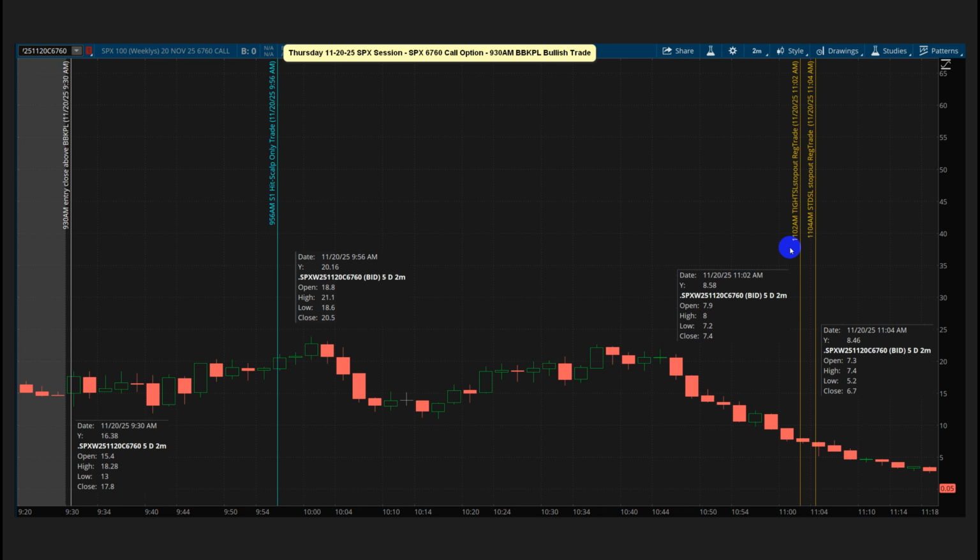You were stopped out, tight stop loss, 11:02. Worst case, $7.20. 11:04. Stopped out on using the standard stop loss. Worst case, $5.20. Now we'll go back to the regular screen.